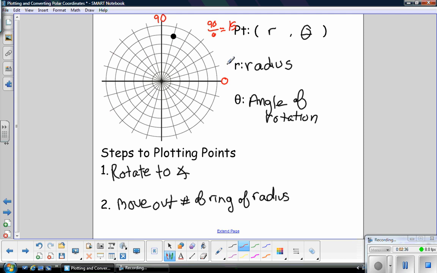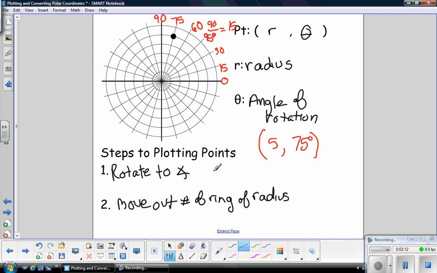So each one of these is standing for 15 degrees. So this point right here would be 75 degrees, because I rotate up 75 degrees. So the theta would be 75, and let's put a little degree symbol so we know it's degrees. And then you go out 1, 2, 3, 4, 5 rings.